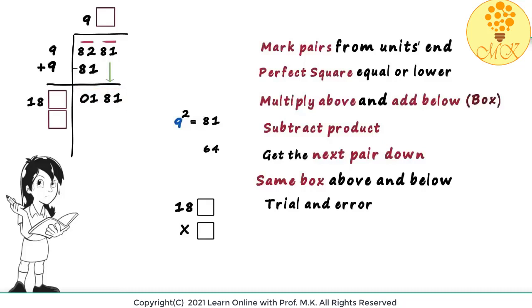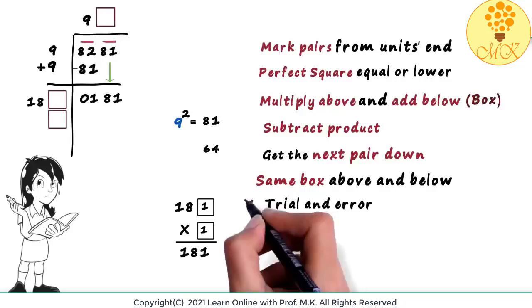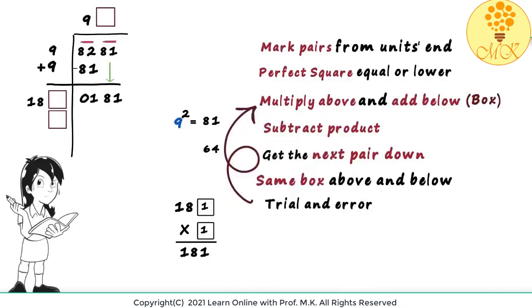What number do you think we can write in the boxes to get 181 as our product? Remember, the digits in both the boxes have to be the same. Yes, 181 multiplied by 1 gives us 181. So we have found the digit in the boxes. It's 1. After we find this digit, we go back to the third step and follow the same procedure.